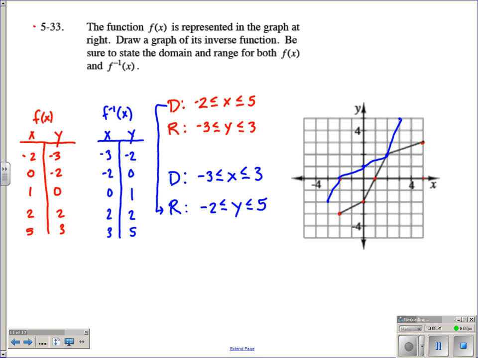So notice it has the same values as the range of our inverse function. And then our y's from the original function became our x's for our inverse. So our range actually becomes our new domain. That is one of the relationships that we want you to see between a function and its inverse.